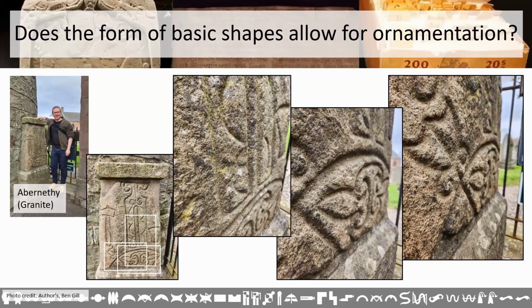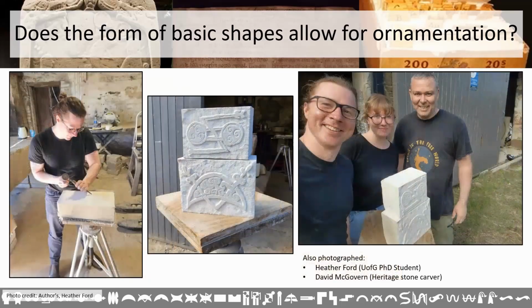So there's something to be said about how much time, effort, and skill is being put into creating the internal ornamentation. This is doubled when we get to the relief carved monumental type.